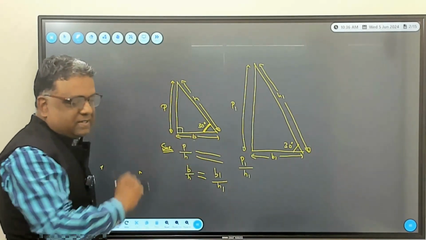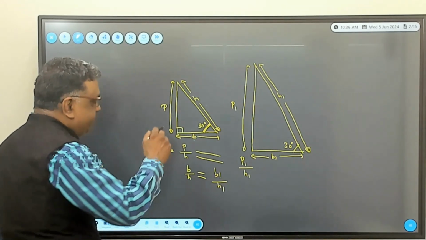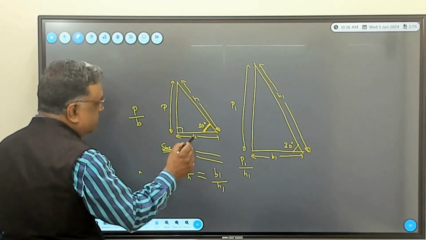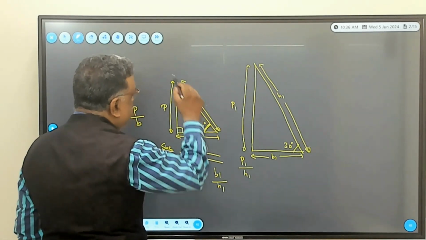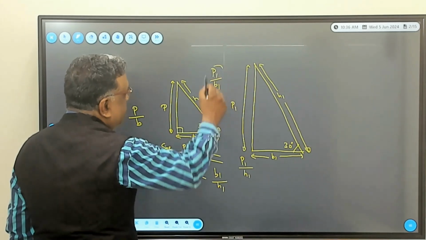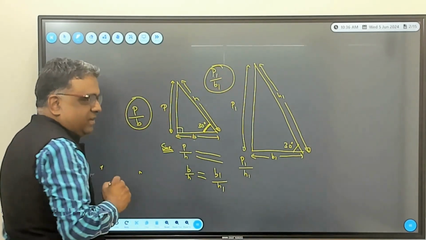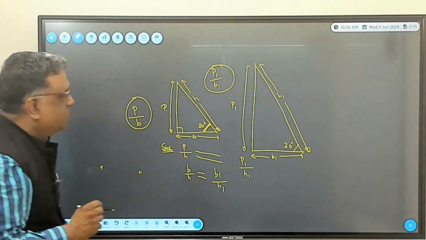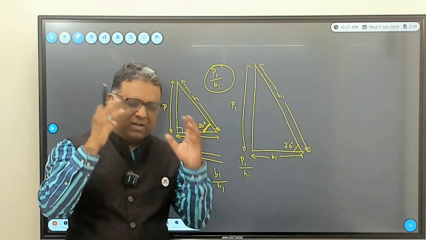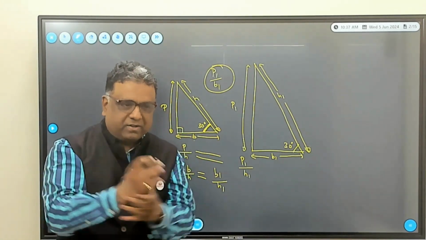Same way, P upon B and P1 upon B1 are going to be the same. So that's the basic reasoning behind a trigonometric ratio.